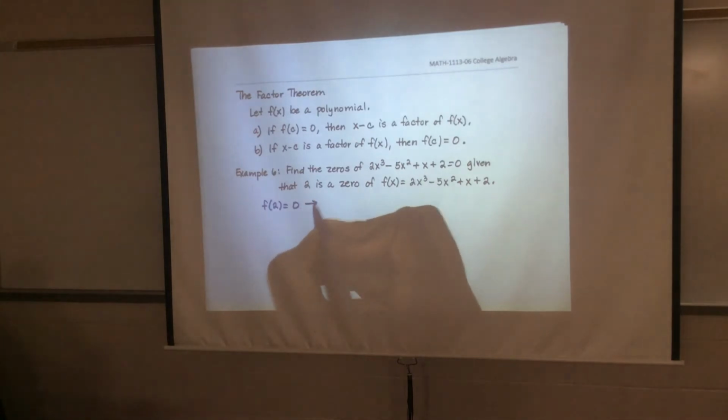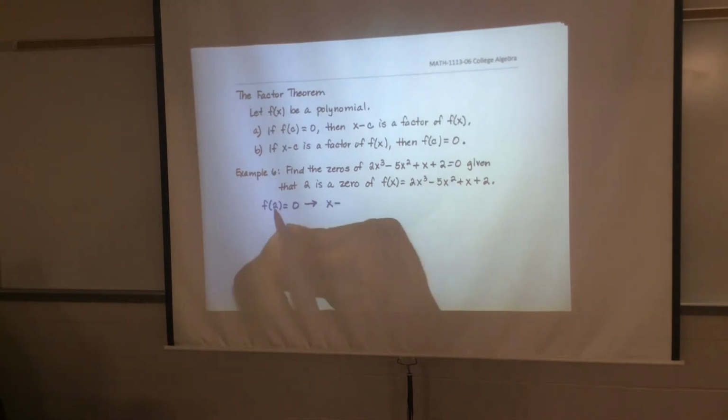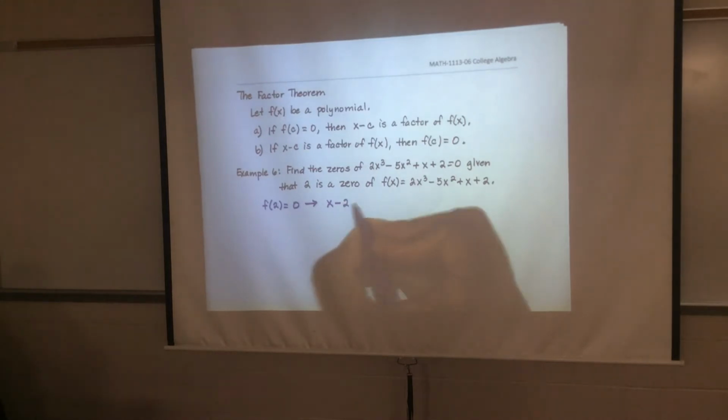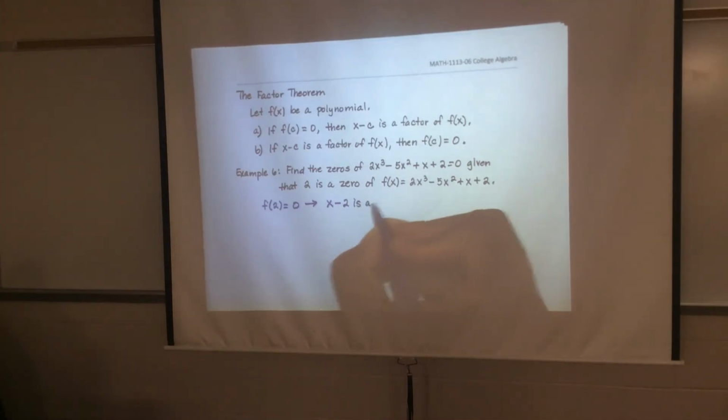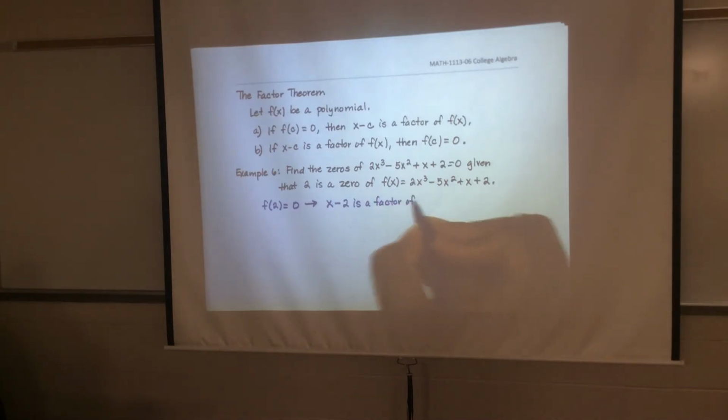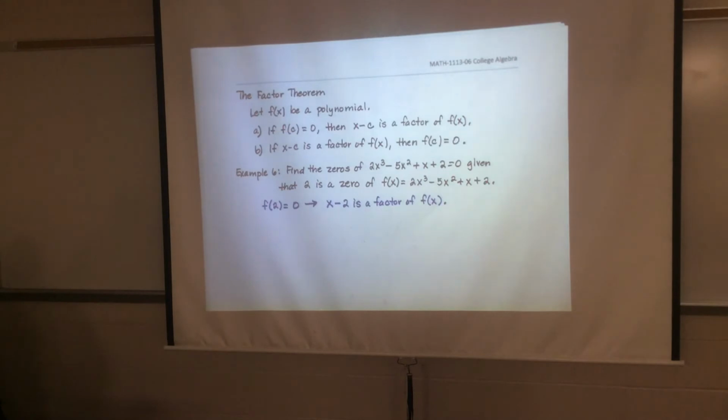So this means x minus 2 is a factor of this function f of x. So we know one of the factors will be x minus 2. Now we need to find out what the other factor is going to be. Okay?